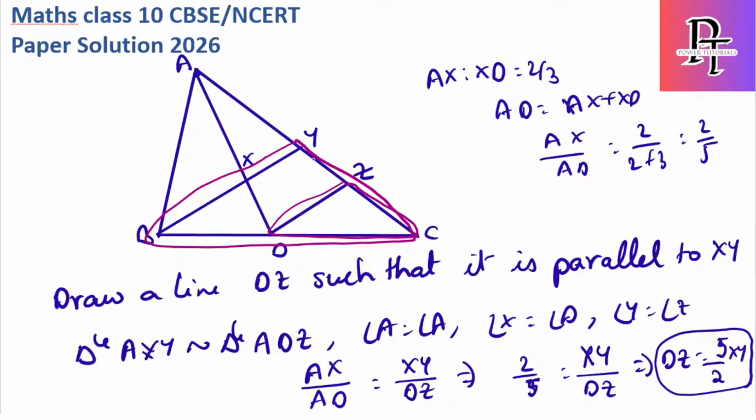अभी ये दोनों ट्रायंगल सिमिलर होंगे क्योंकि सेम कॉन्सेप्ट, angle C is equal to angle C, angle D will be equal to angle B, and the same way angle Y will be equal to angle Z because those are parallel.